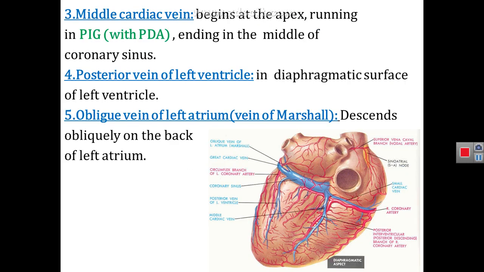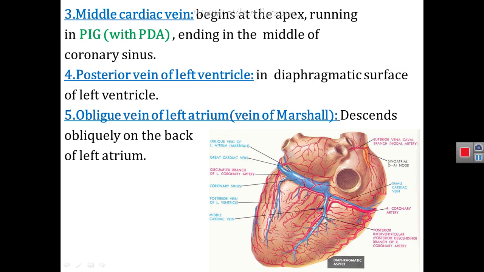And the third tributary, in addition to the great and small cardiac veins, is the middle cardiac vein that is seen in the posterior interventricular sulcus together with the posterior interventricular branch of the right coronary artery, ending about the middle of the coronary sinus.